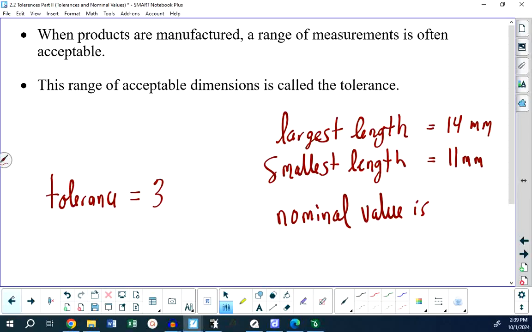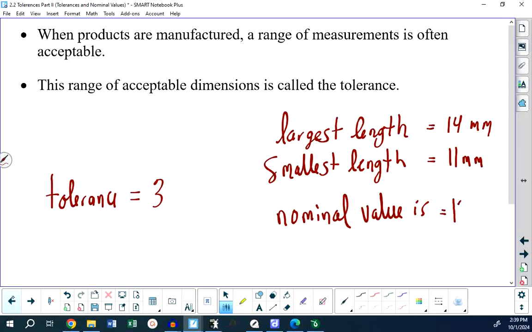The ideal value. This is acceptable, 14. This is acceptable, 11. Addison? Excellent, it is 12.5. And I'm going to write that down.